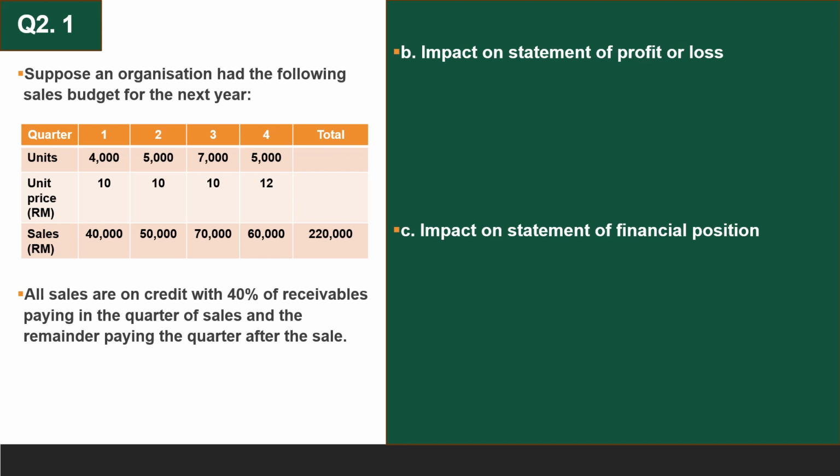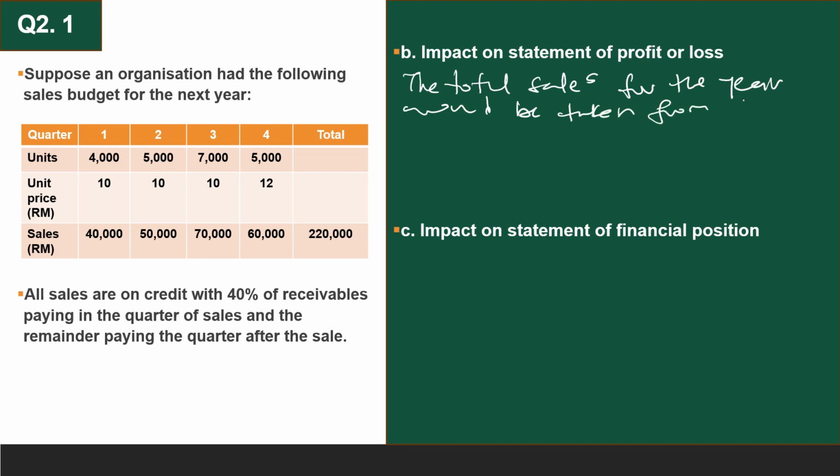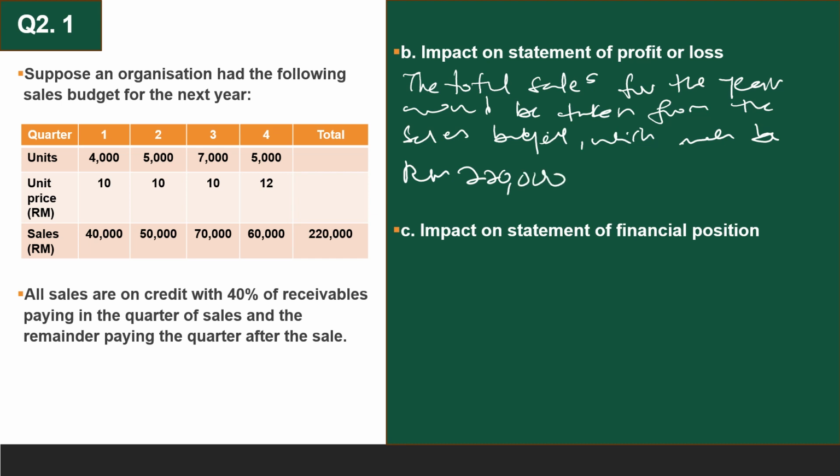Based on the information given, we can say that the total sales for the year would be taken from the sales budget, which is 220,000.